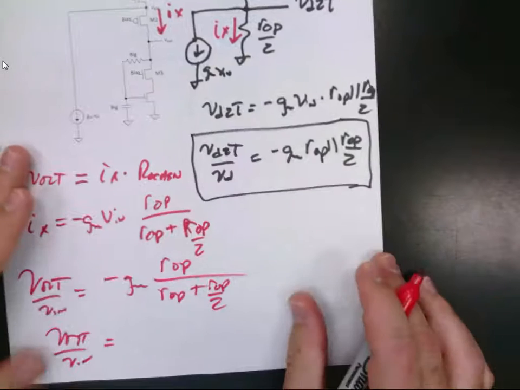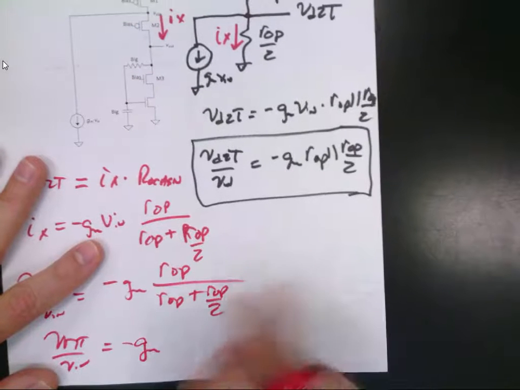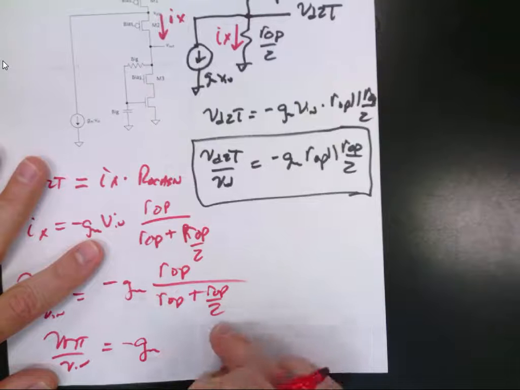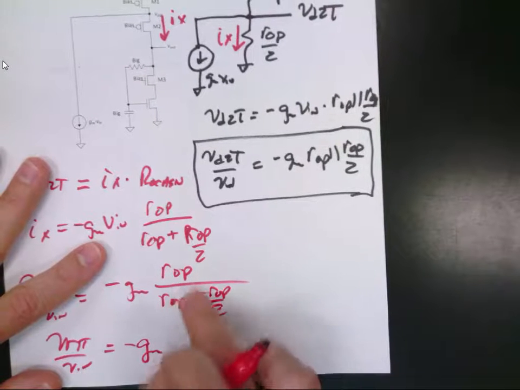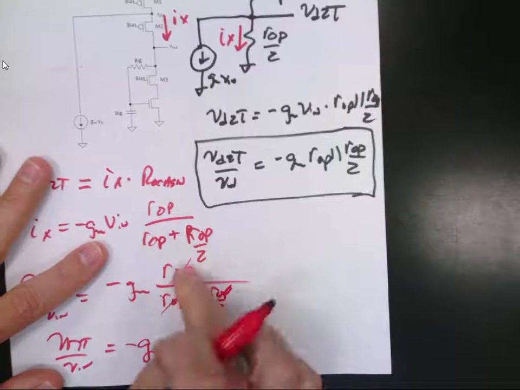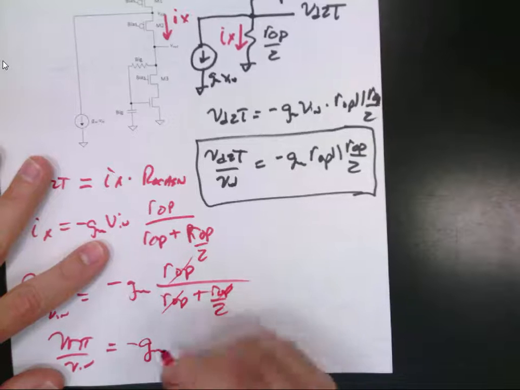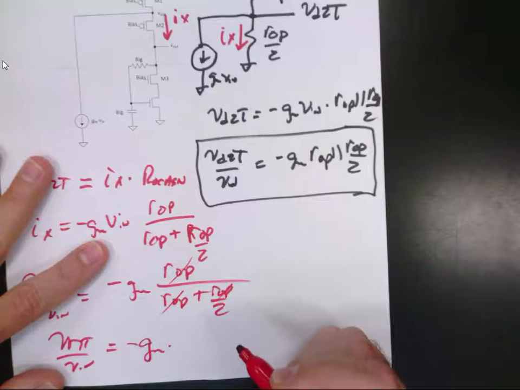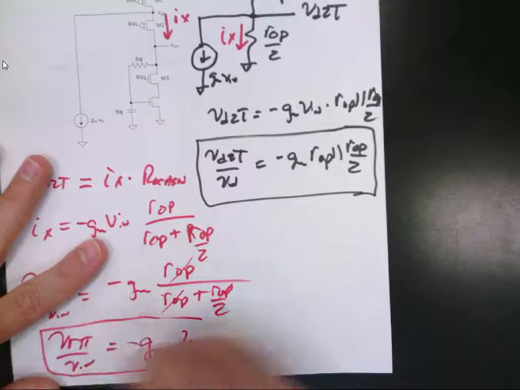Well, what happens to the R out P's? Right, they cancel. And that becomes 1 over 1 plus 1/2, or 1 over 2 over 2 plus 1/2, or what? Yeah, 2/3. Then I put my box around here.